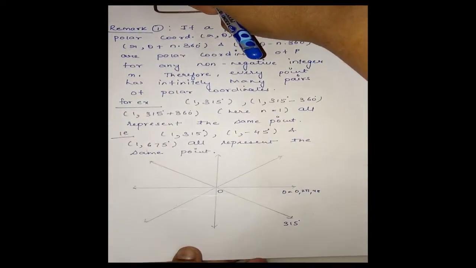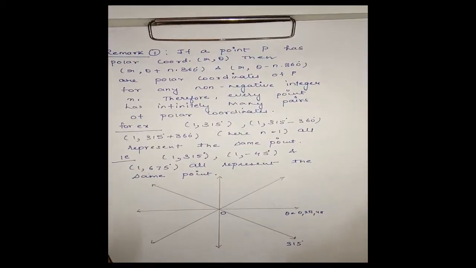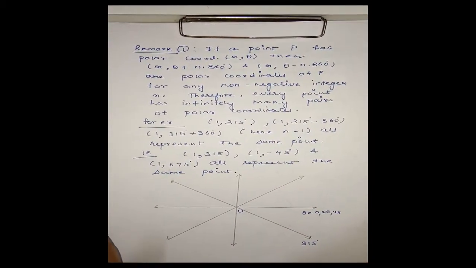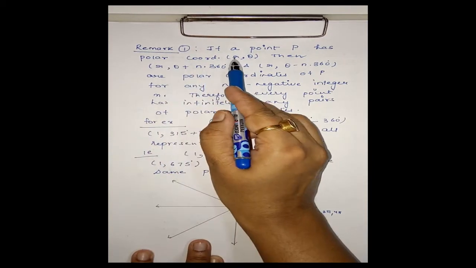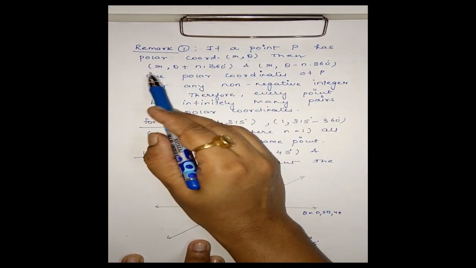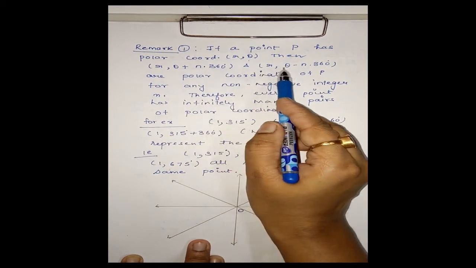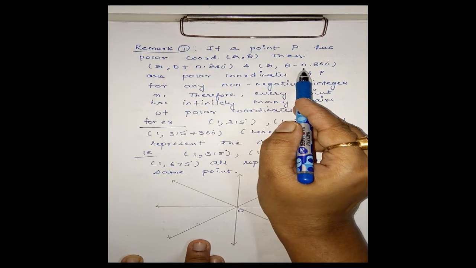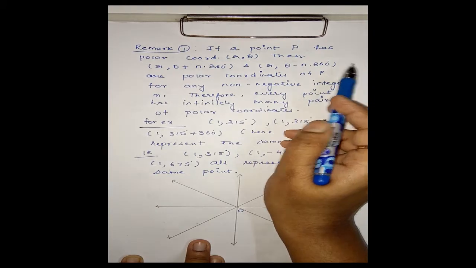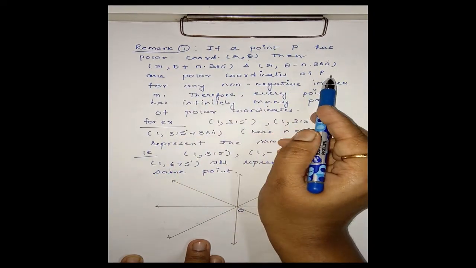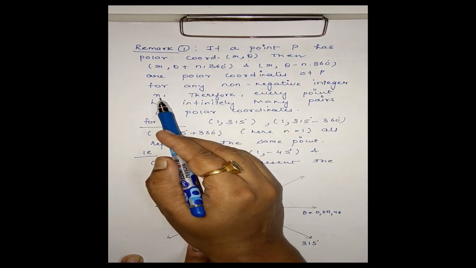Next, we have two remarks. First is, if a point P has polar coordinates (r, theta), then (r, theta plus n times 360 degrees) and (r, theta minus n times 360 degrees) are also polar coordinates of P for any non-negative integer n.